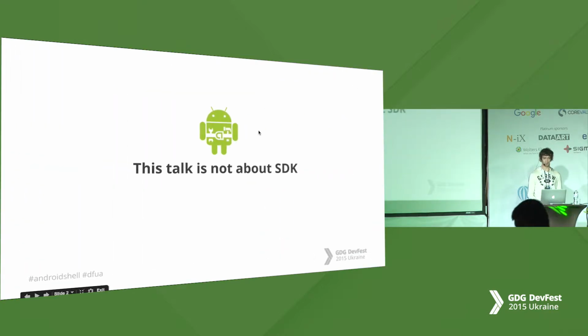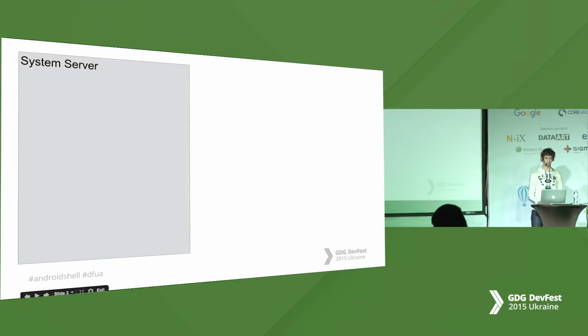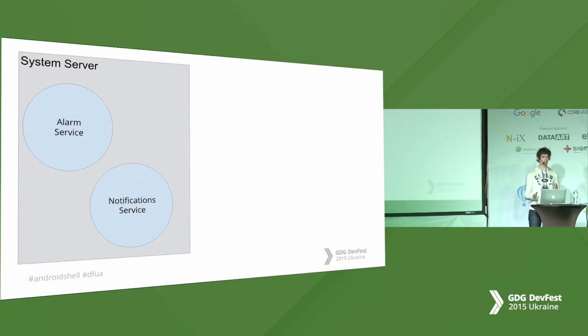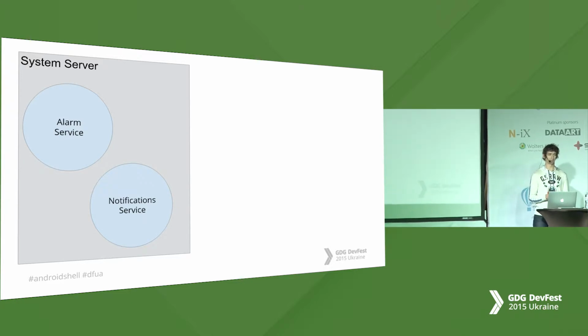Before we start our exploration of Android Shell, let's make a small overview of what will be backing our operations in the Android Shell. When a device starts, Android starts a special process that is called system server. The system server exposes a few system services, like alarm manager service or notification service.